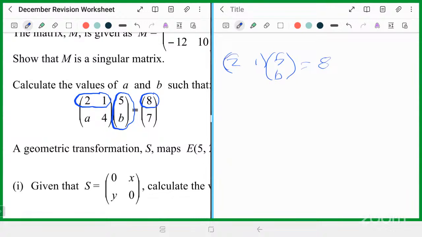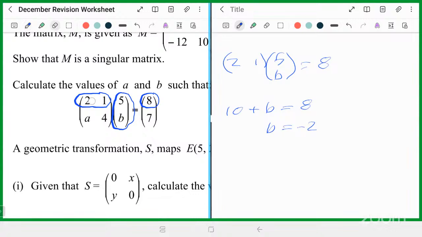So this first element times this first element plus this second element times this second element add to 8. So 2 times 5 is 10 plus 1 times b is b. That is equal to 8. Subtract that 10, the b becomes negative 2.